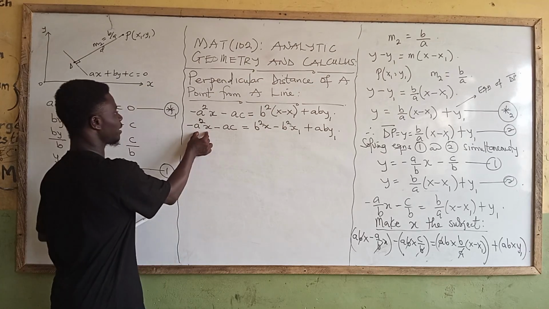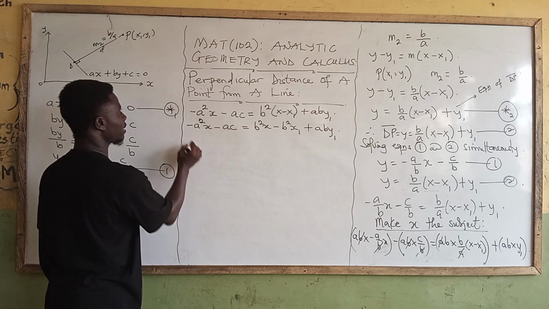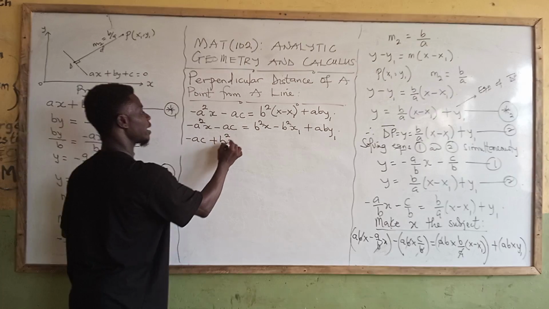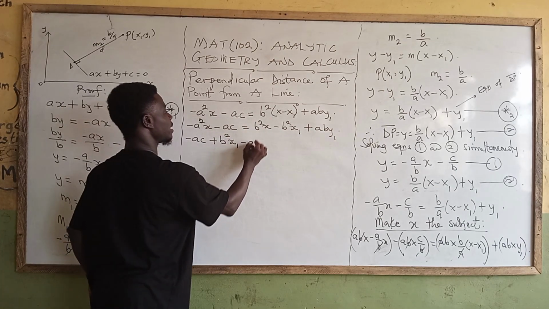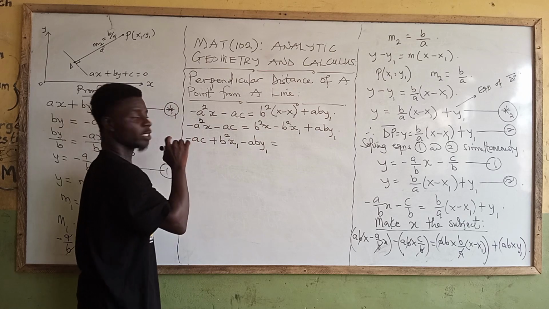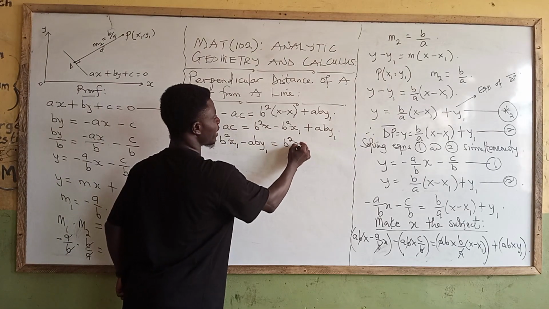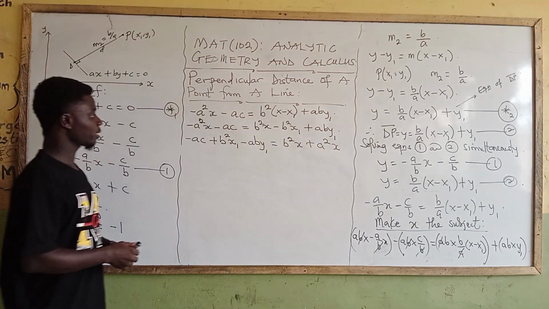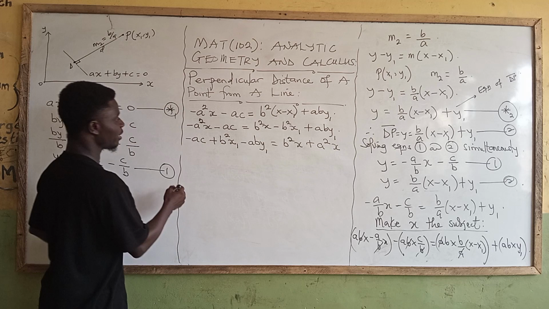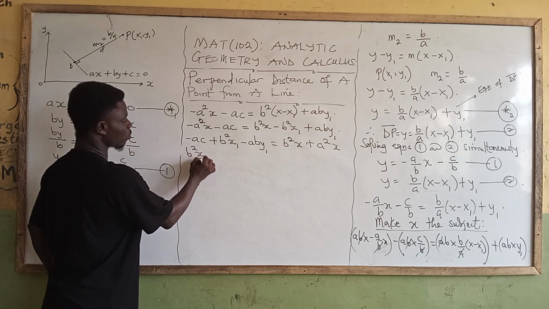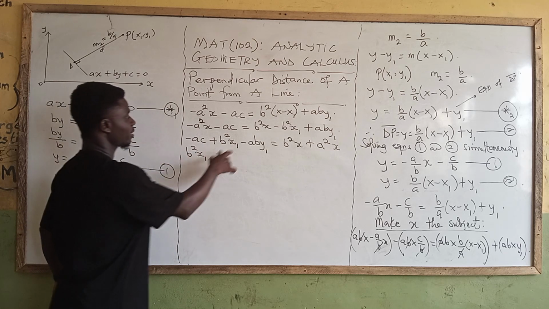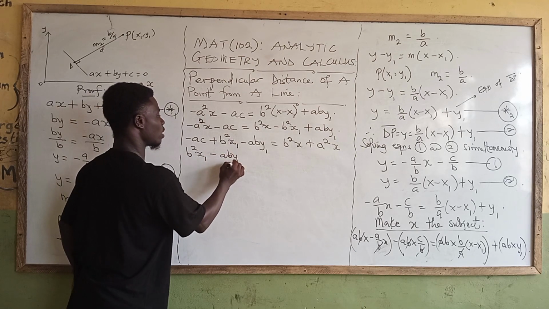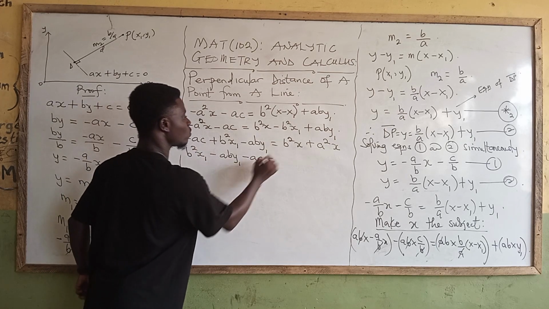So we send this to the right hand side so that we get negative ac, then we bring this, plus b squared x1, minus aby1, which must be equal to b squared x plus a squared x. Now we rearrange it as b squared x1 minus aby1 minus ac equals.